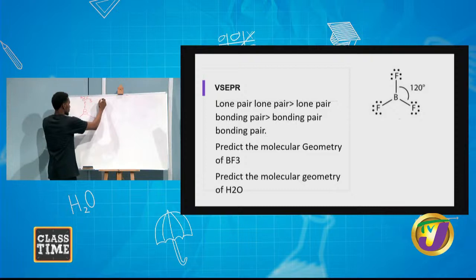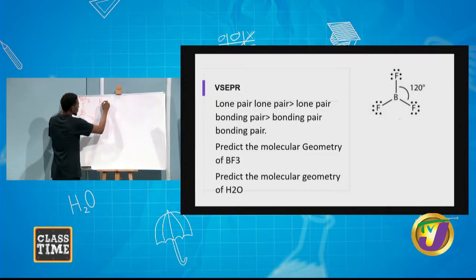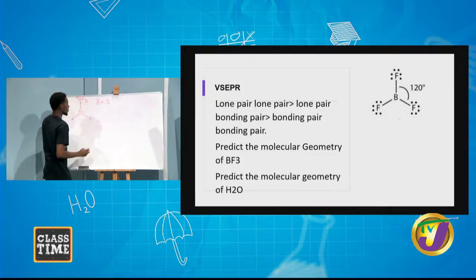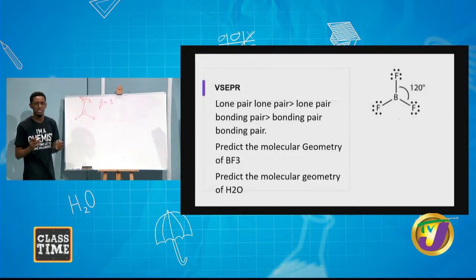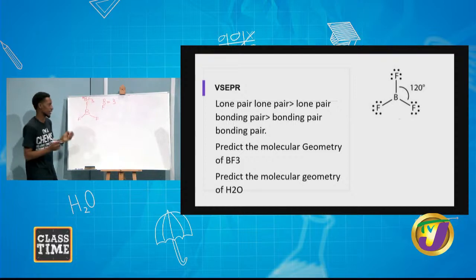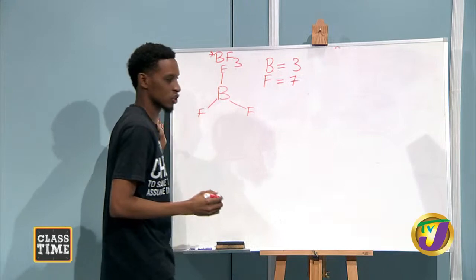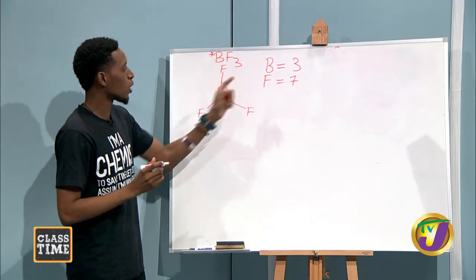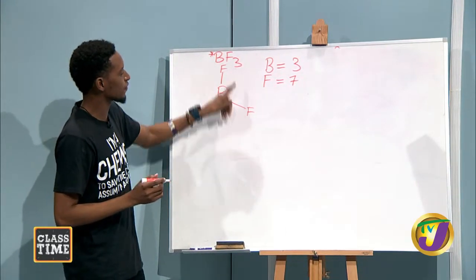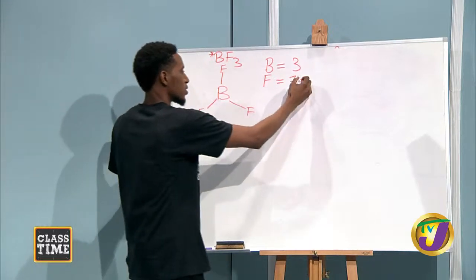So let's add them up. So boron has 3. And fluorine is in group 7, meaning it has 7 valence electrons. So fluorine has 7 valence electrons, right? But there are 3 fluorine atoms.